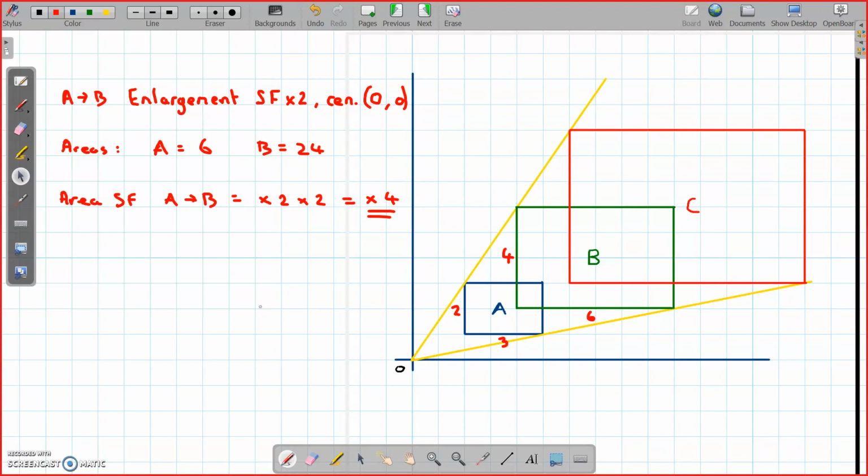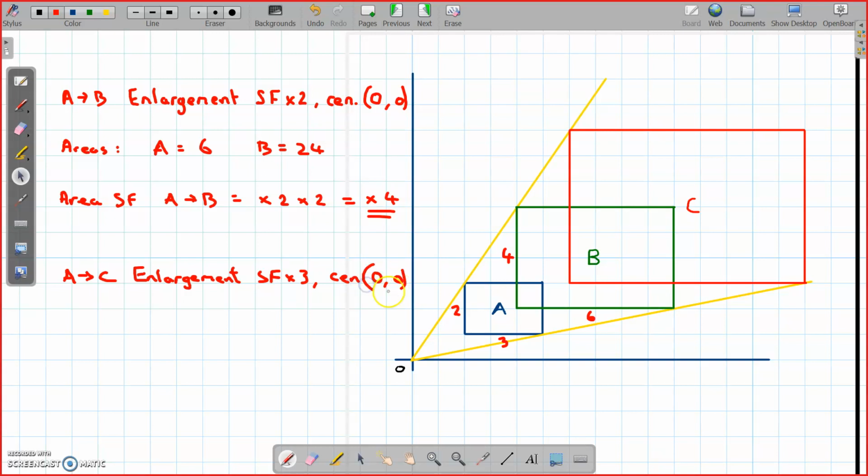All right, and if I do a similar thing for A to C, I know that that's an enlargement scale factor 3. Hopefully you can see that by now. Scale factor times 3, and the center is also 0, 0.